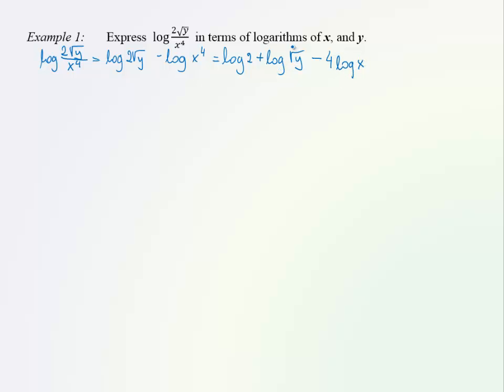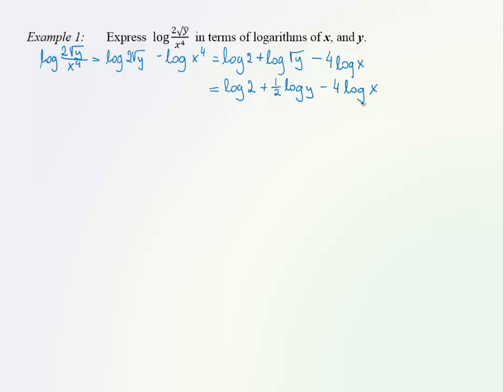And finally, root of y is the same as y to the 1/2, so the exponent 1/2 we can actually take outside of the log again. So our final expression will look like that: log 2 plus, taking the 1/2 out as a coefficient, log of y, and minus 4 log of x.